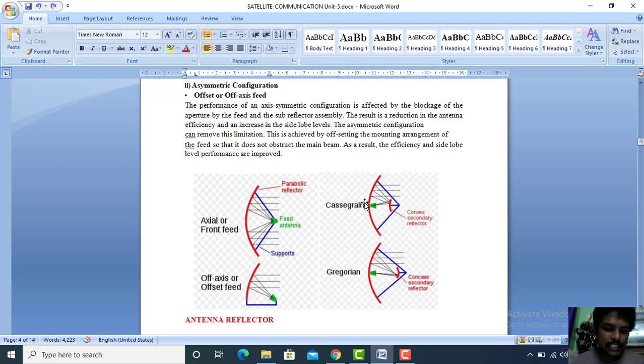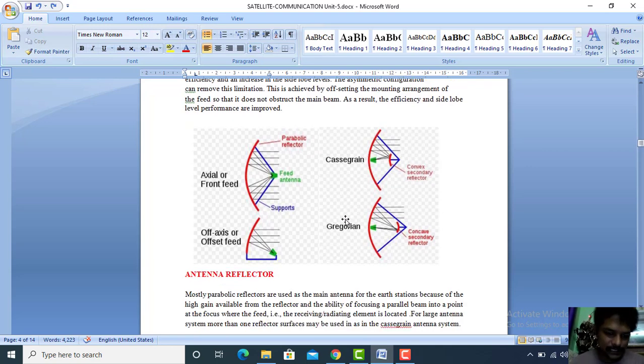The reduction of blockage and the increase in side lobes can be addressed with this asymmetric configuration. So that is what is done here.